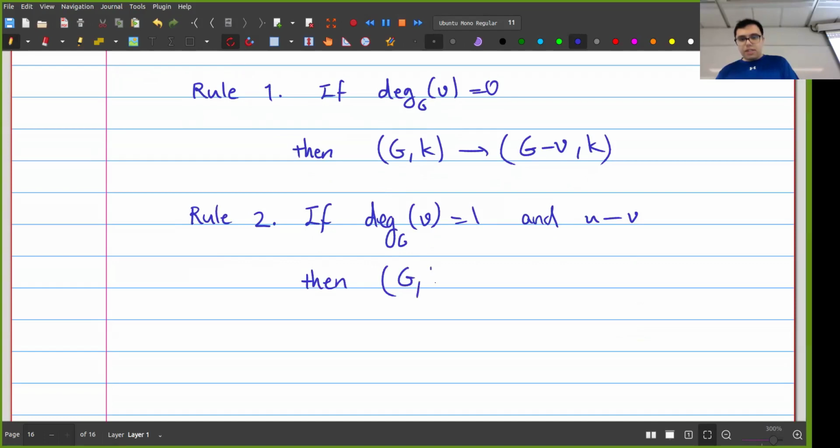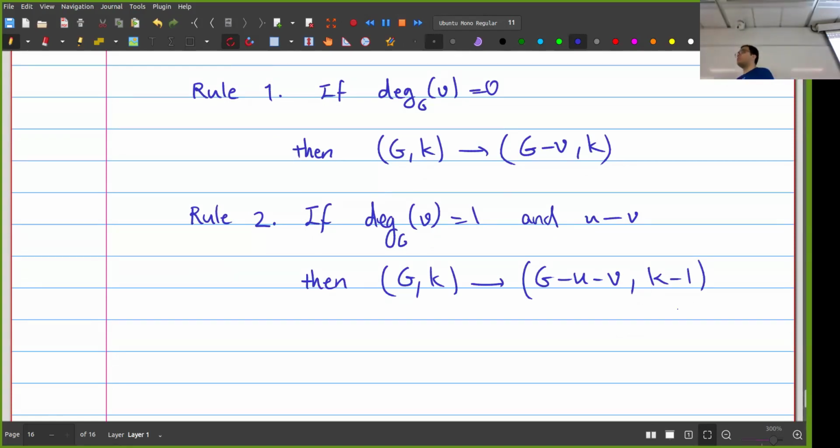So what happens here? (G, k) becomes (G minus u minus v, k minus 1). So I'm removing both vertices. And my budget is also going down because I put u into my vertex cover. So if the answer to this instance is yes, then the answer to the original one is also yes. These are 2 rules for simplification. But can I simplify even more?